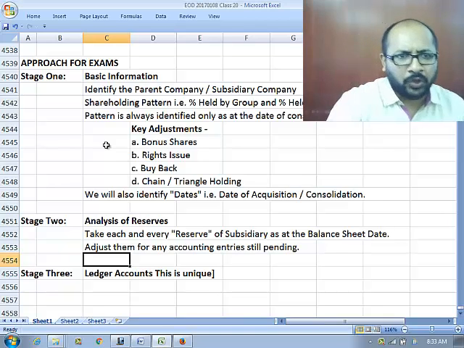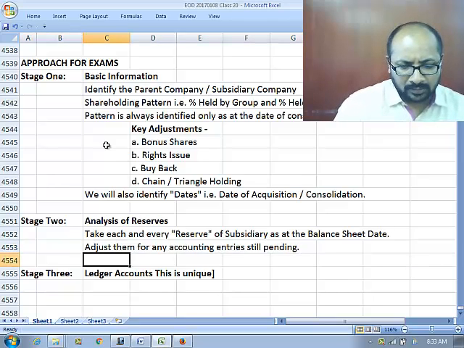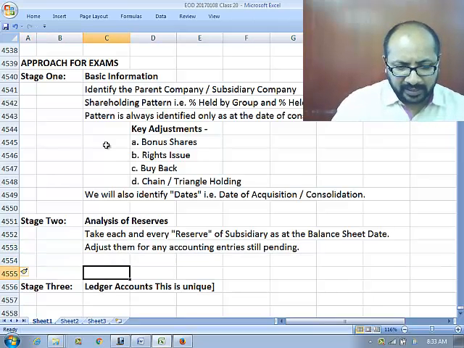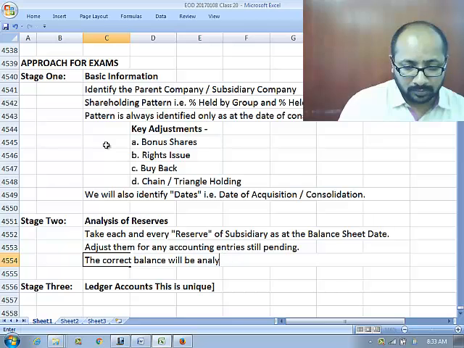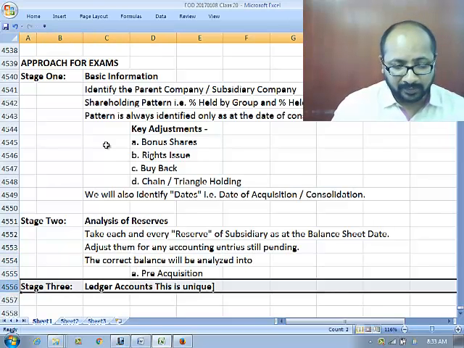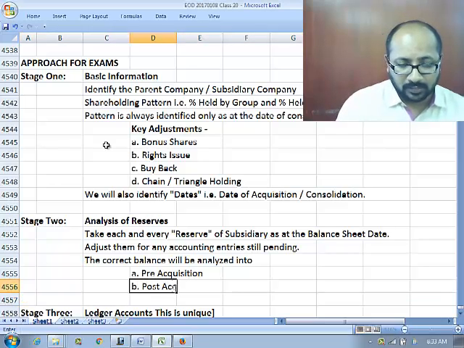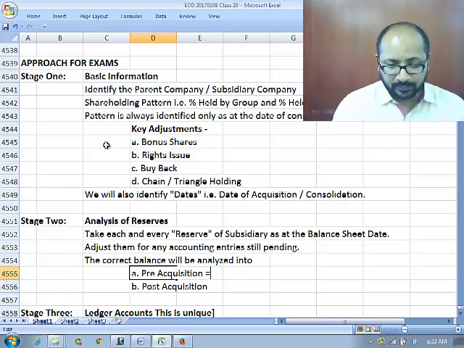What do you mean by analysis? Simply put, the correct balance will be analyzed into what? Pre-acquisition and post-acquisition. What is pre-acquisition?